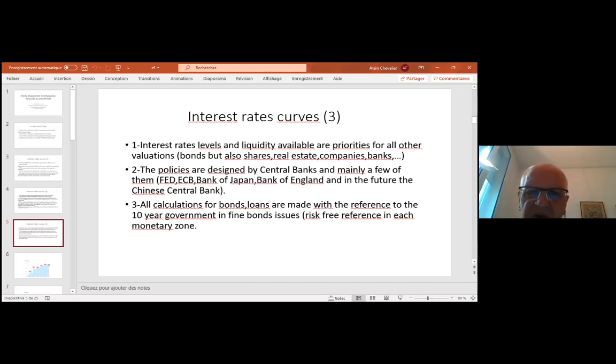And one of the questions, which is very central, is: what are the more important interest rates? Are they the short term or the long term?